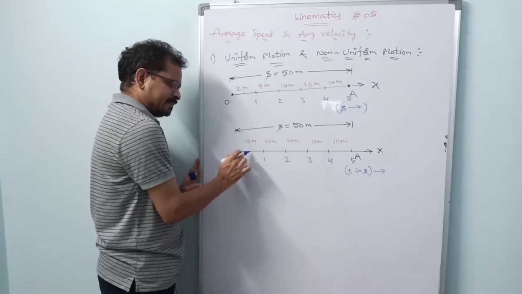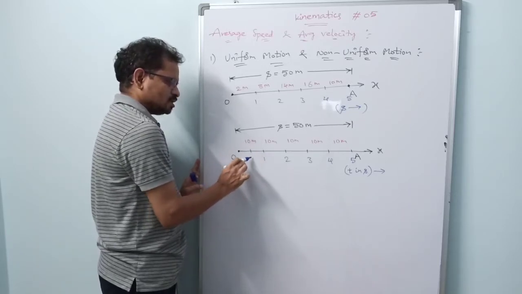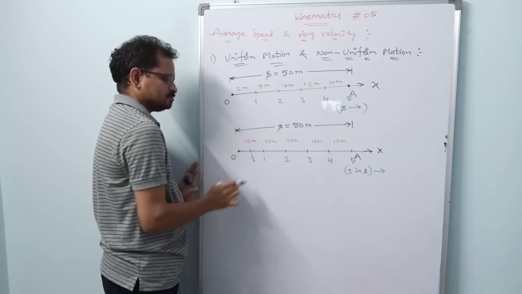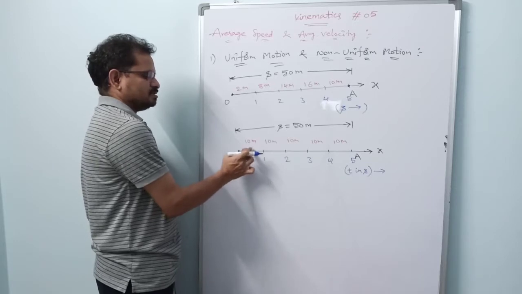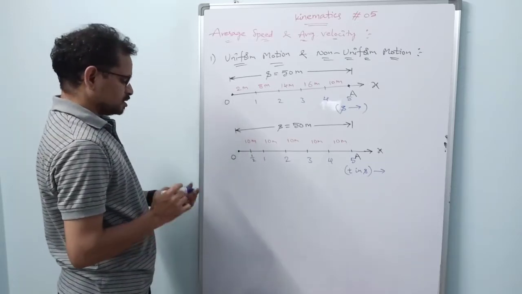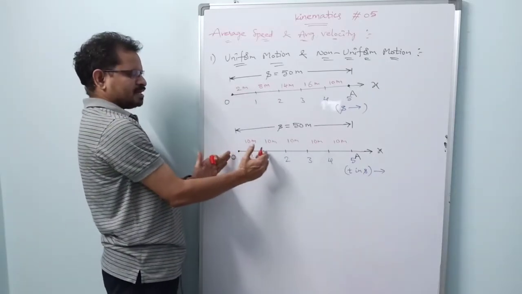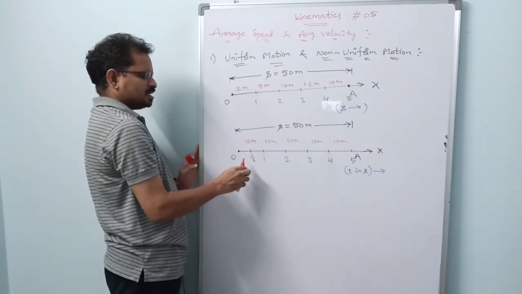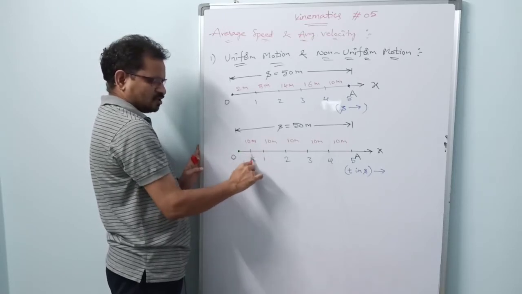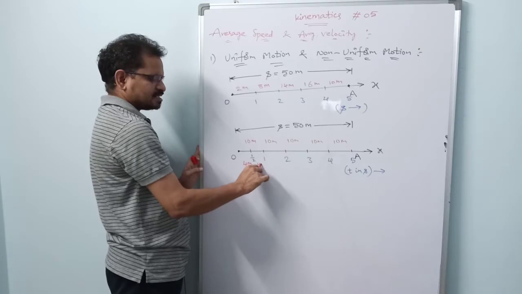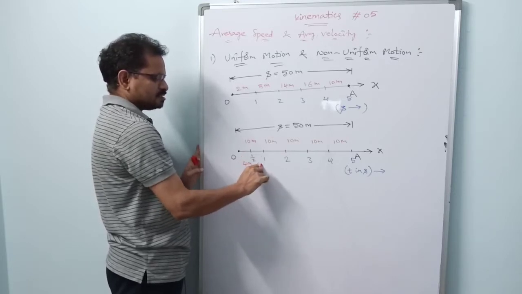Now I am dividing the first second into two halves, so this is the midpoint, half a second. Suppose that in 1 second it travels 10 meters; in the first half second it can travel 4 meters, and in the second half second it travels 6 meters.